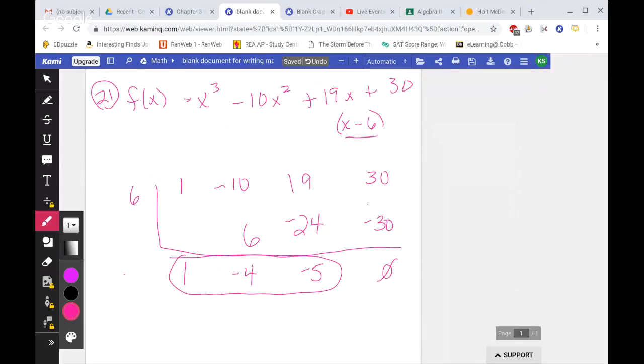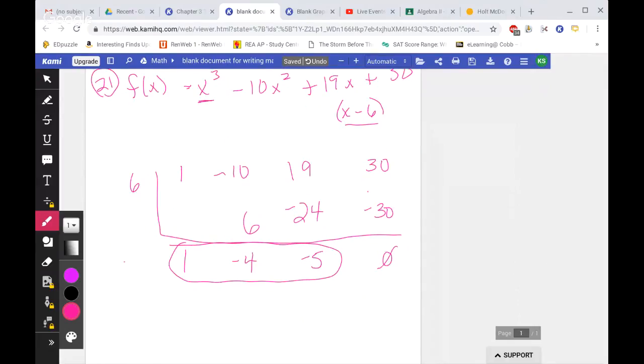And what we know is you're going to start one term down from the highest degree that you have. So that would be x squared. And the coefficient is going to be 1. So we have x squared minus 4x minus 5.